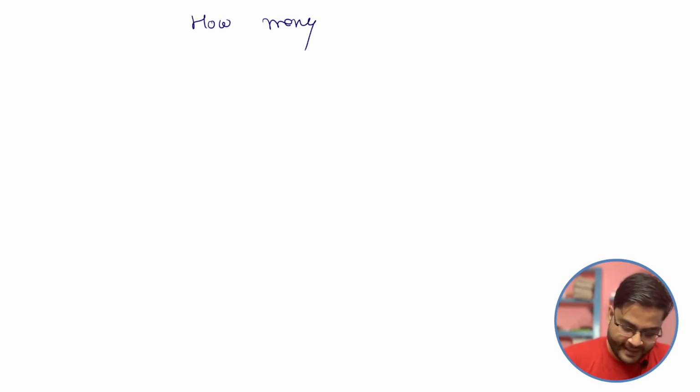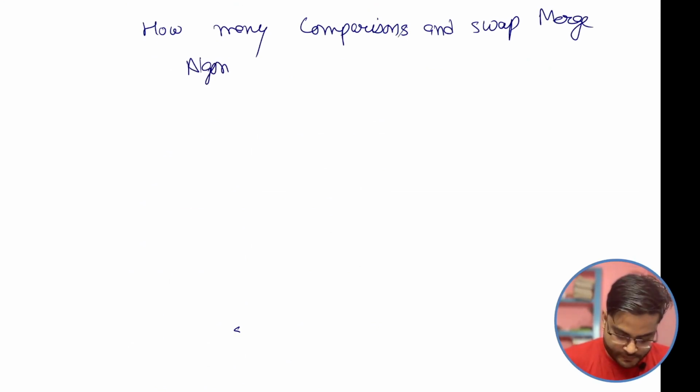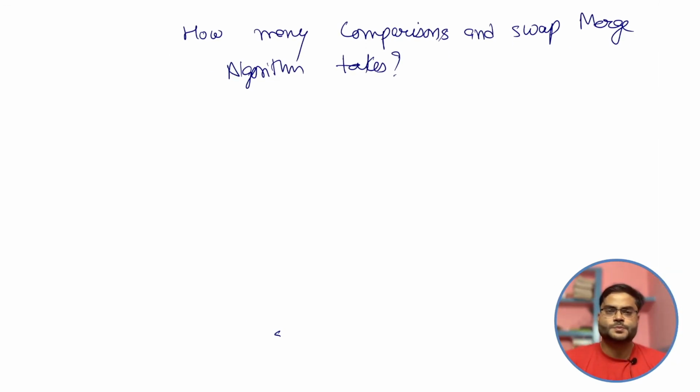Now, there is one more question which comes in OA or in MCQ type problems related to merge sort. So the question says, how many comparisons and swaps does the merge algorithm take? Sometimes this question comes in the MCQs.